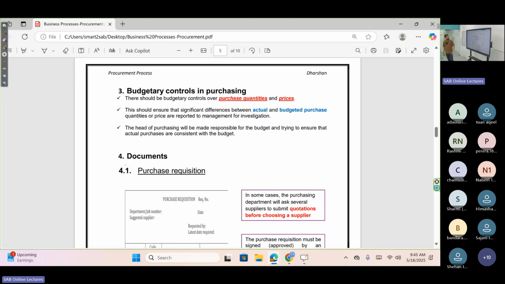Budgetary controls in purchasing: there should be budgetary controls over purchase quantities and prices. This should ensure that significant differences between actual and budgeted purchase quantities are flagged.